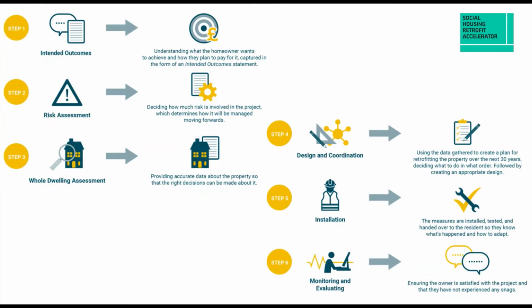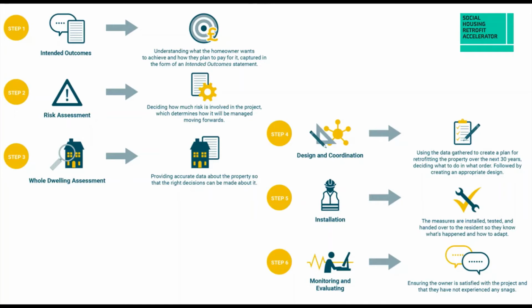From that, you then go into design and coordination. So then those retrofit designers are sitting down and sussing out all the details. And that should be basically a house by house, detailed, dimensionally accurate, materially accurate plan for how exactly that design is going to be executed. Then we go to installation, not hugely different from what it was before.